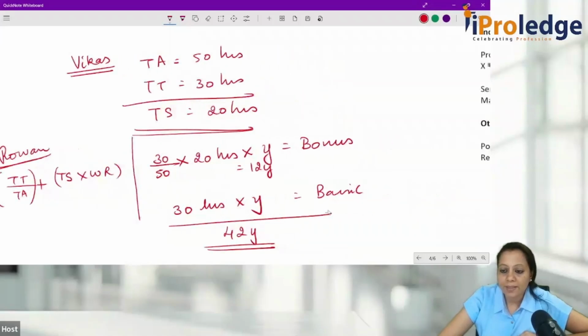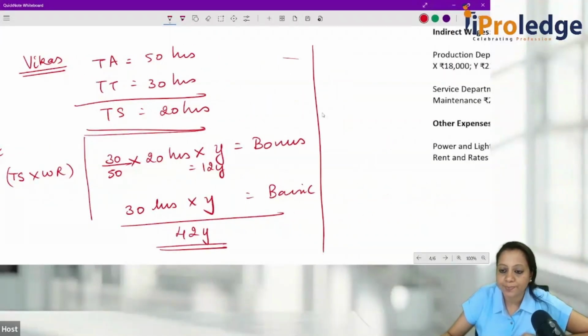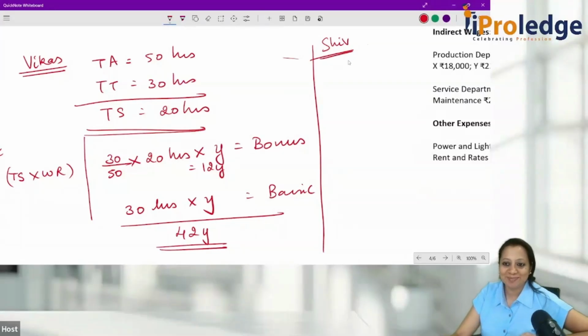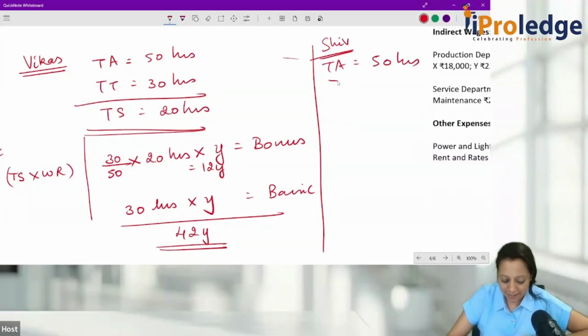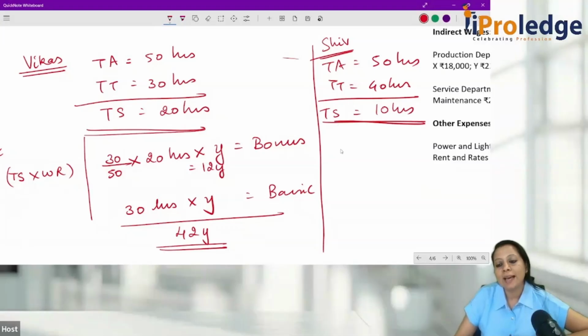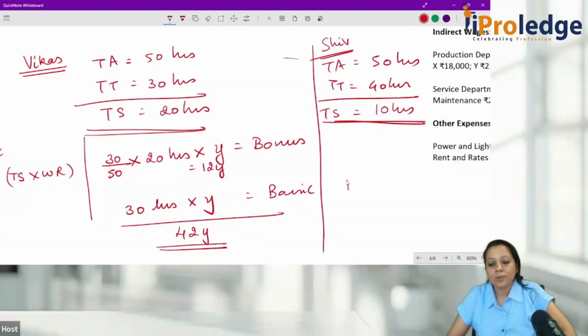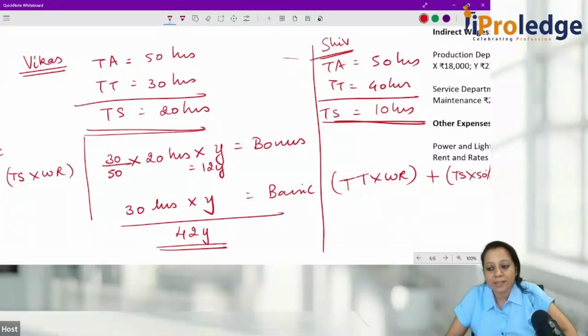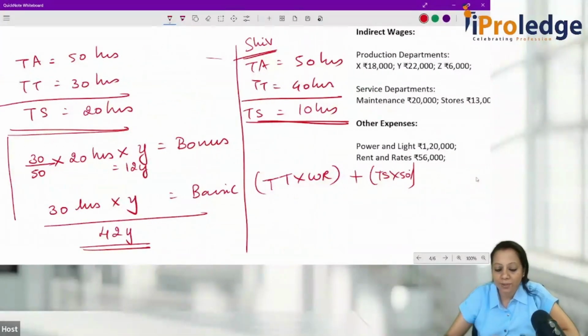Yes. So now in the same way, we will do for Shiv also. Time allowed for Shiv is also 50 hours and the time taken is equal to 40 hours. That means time saved is equal to 10 hours. In Halsey system, I would like to remind you, it is going to be time taken into wage rate, this is the basic, plus bonus, which is time saved into 50 percentage into wage rate.